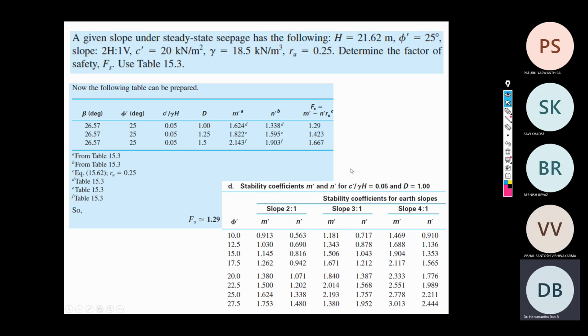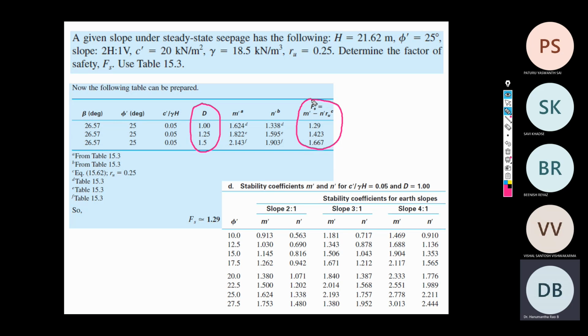Since the given statement of the sum made no mention of the value of d, we have taken all three values of d, and corresponding to all three we compute the factor of safety, and whichever yields the least factor of safety is considered the factor of safety for that particular slope.